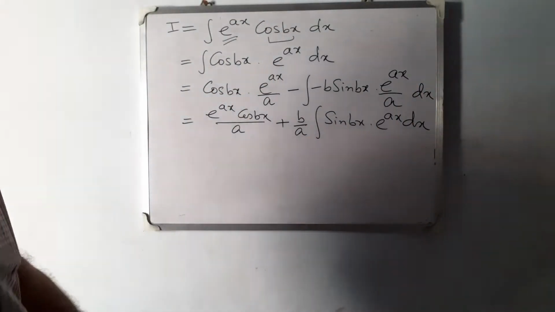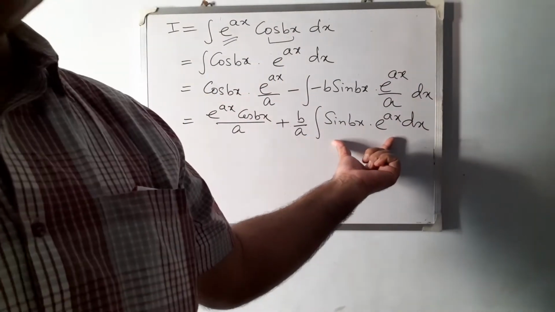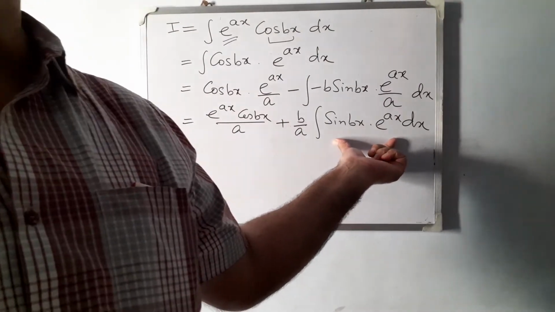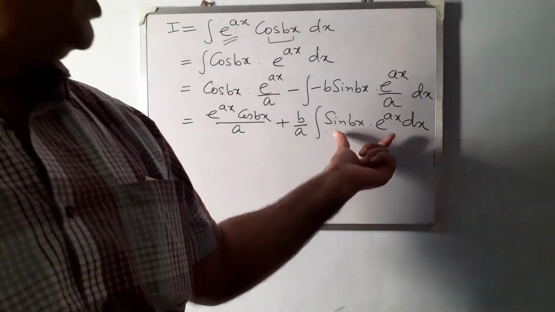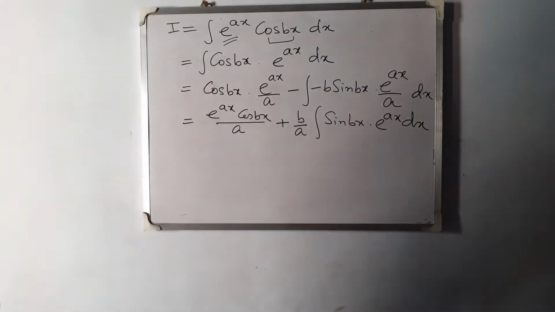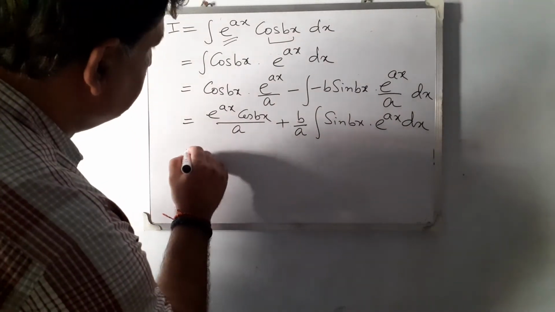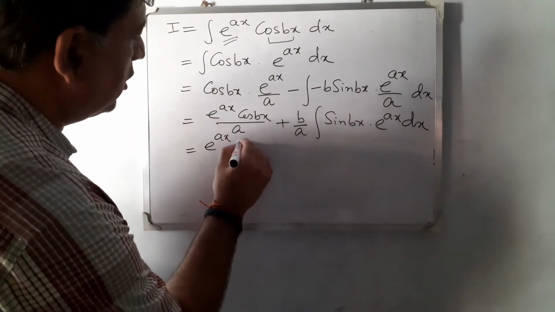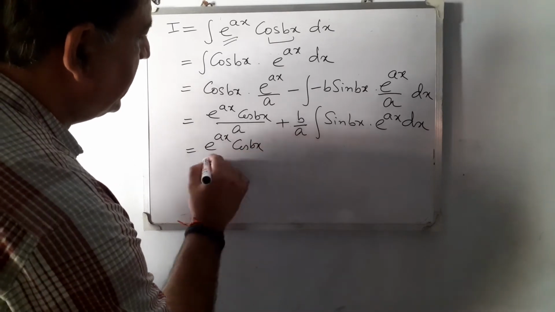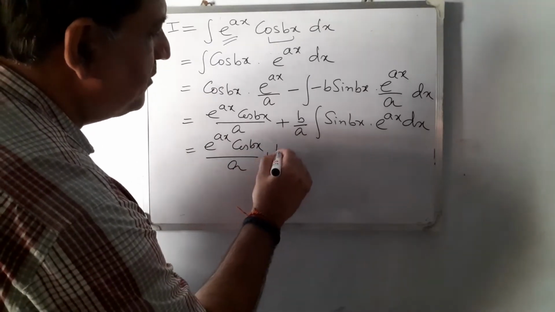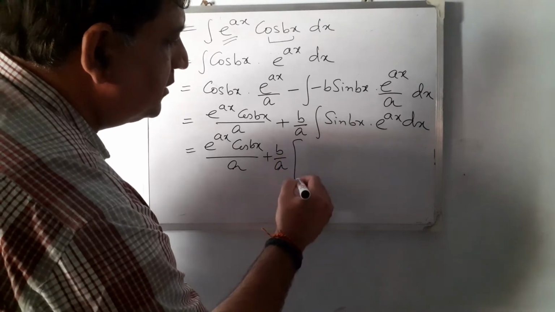Now you see, in the second part, again we have to apply integration by parts. What will be the result? We write it further. This becomes e power ax cos bx divided by a plus b by a, and now we write a third bracket.